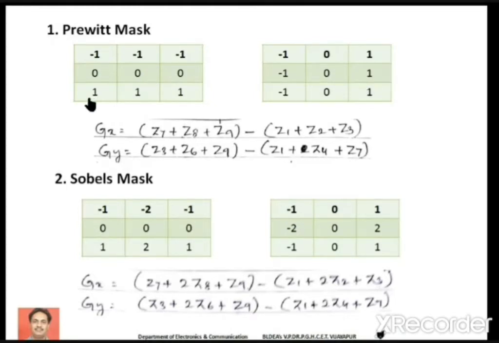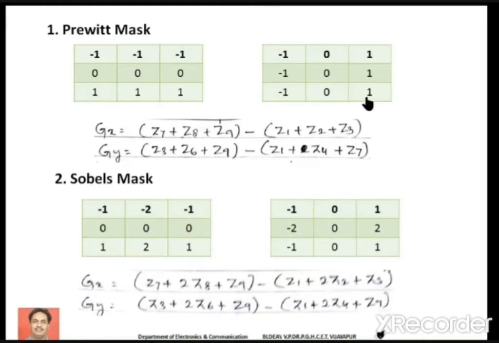To compute the gradient along x direction, this is the Prewitt mask. It is very simple: in the first row we have -1, -1, -1, the second row has 0, and the third row has 1, 1, 1. Similarly, for finding the gradient along y direction, we use this second 3x3 matrix.